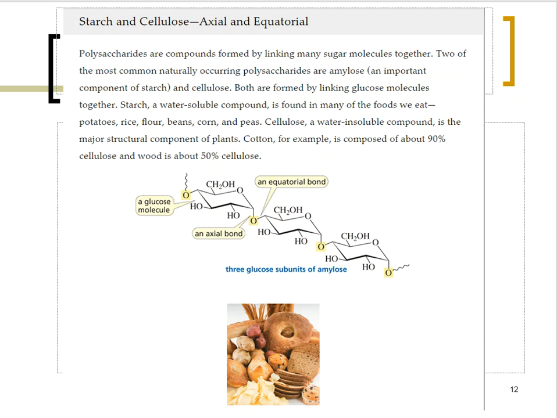Okay. Another thing that we can relate to what we talked about last module is equatorial and axial bonds. So here's an image down at the very bottom of carbohydrates. And carbohydrates love to be classified as sugars, and if you eat a lot of bread, you might see yourself gain weight a little bit, and that's because these carbohydrates are broken down into glucose, and that glucose is stored as energy, and that glucose can actually also be stored around your hips and your thighs and everything else that you don't want.